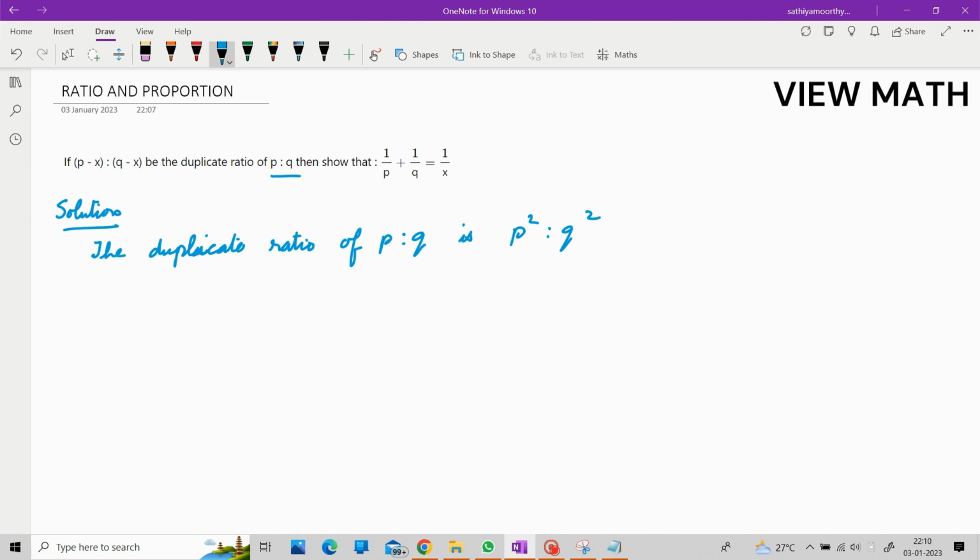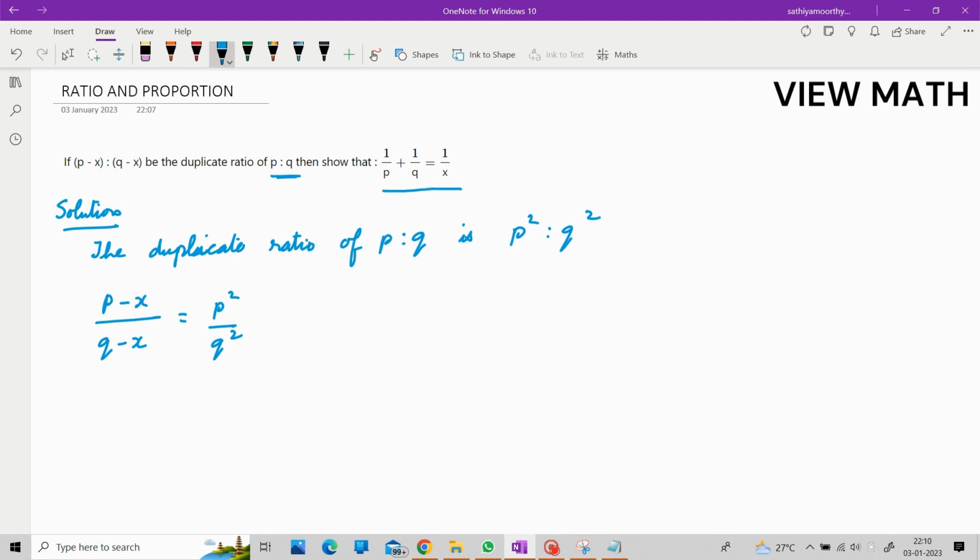So p minus x is to q minus x is a duplicate ratio of p is to q, they have given. So I can write it as p minus x by q minus x is equal to the duplicate ratio of p is to q. The duplicate ratio of p is to q is p square is to q square. Now they are asking us to show 1 by p plus 1 by q is equal to 1 by x.